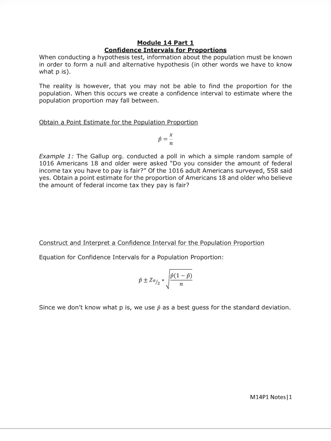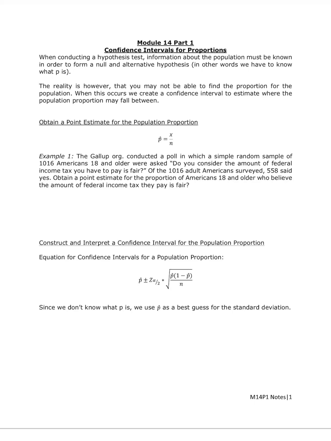And the idea behind this is that we're going to be looking for the middle 90, 95, or 99% of the data. Just like we did back in Module 11 where I said, okay, find the middle 50% of the data, and we did all of the stuff to find that. It's the same idea that we're going to be following here, except now we're using p hat instead of an individual data value.